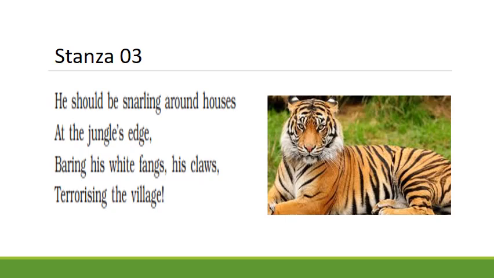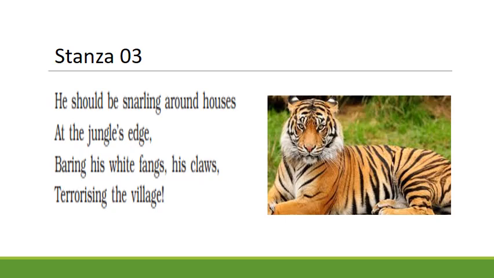So these houses might be located at the edge of the jungle, and this tiger would be going there and frightening people, baring his white fangs, his claws. Here, what does baring mean? Baring means showing. Fangs means the long white teeth the tiger has in its mouth.